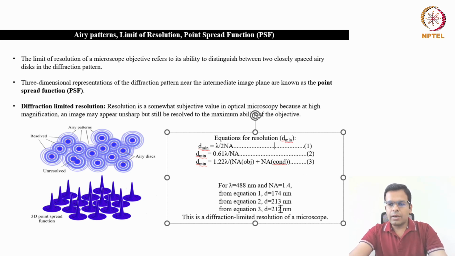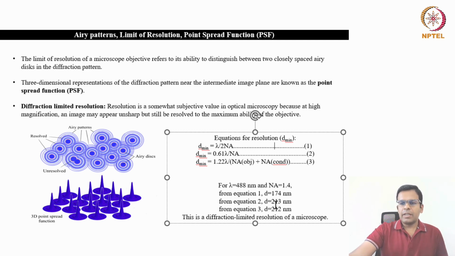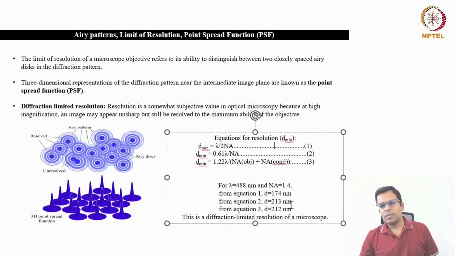This value is known as the diffraction limited resolution of a microscope. What does that mean? It means if I put any object smaller than this distance, like 212 or 213 nanometer, the image will still be about 212 nanometer.